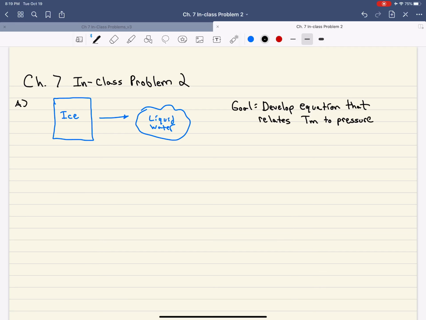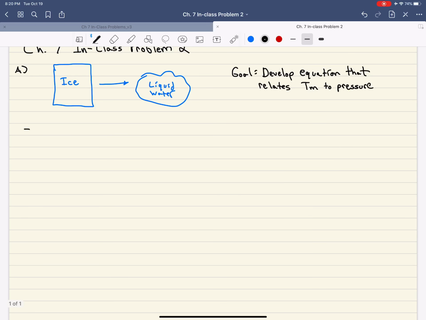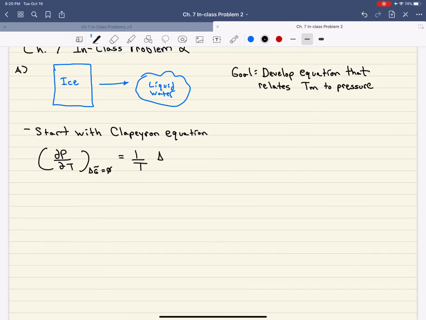All right, and so with this sort of problem, where we want to start is with the Clapeyron equation. And so the Clapeyron equation tells us that the partial derivative of pressure with respect to temperature at a molar delta G value of 0 is equal to 1 over temperature times the enthalpy of the solid to liquid transition divided by the change in volume of that same transition.